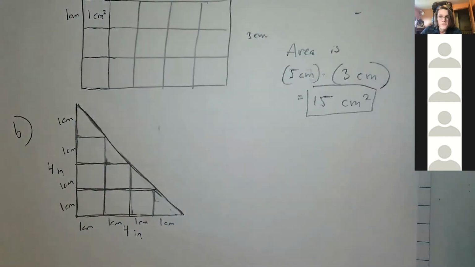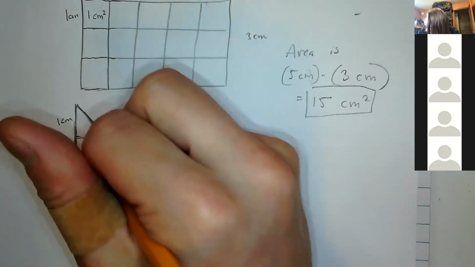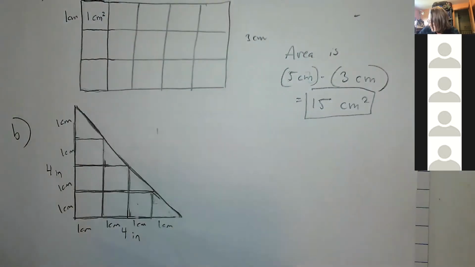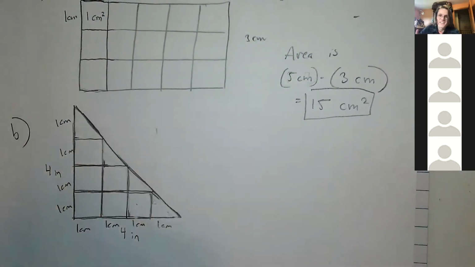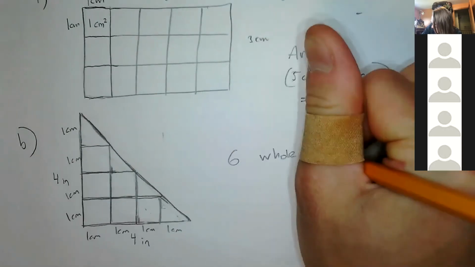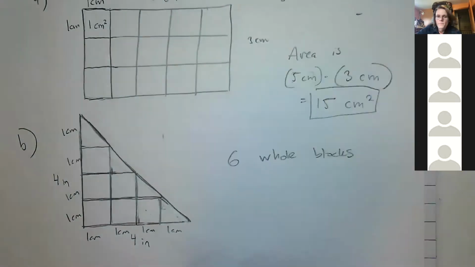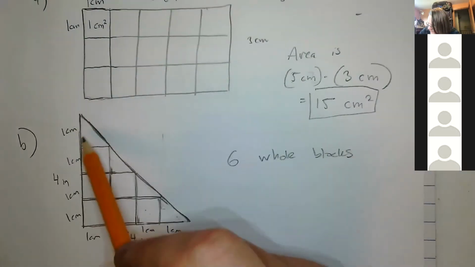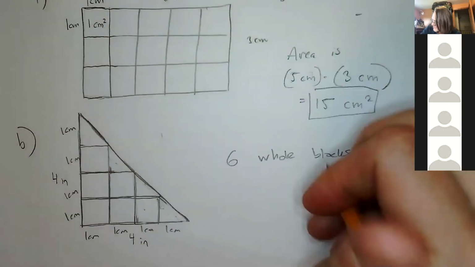Each of the whole blocks, right? So I have 1, 2, 3, 4, 5, 6. I have 6 whole blocks. And then half blocks, again, assume everything kind of works. I have 1, 2, 3, 4 half blocks.